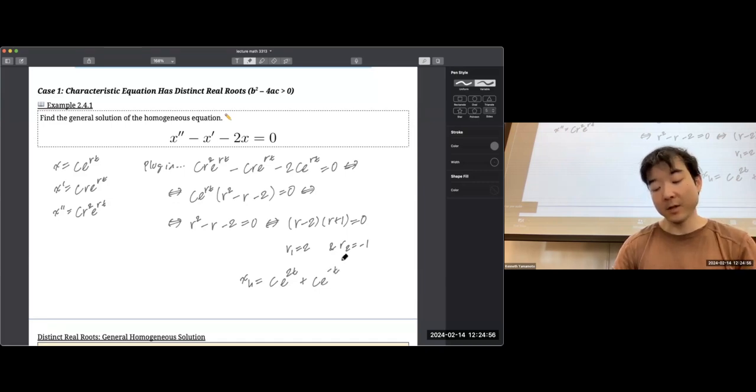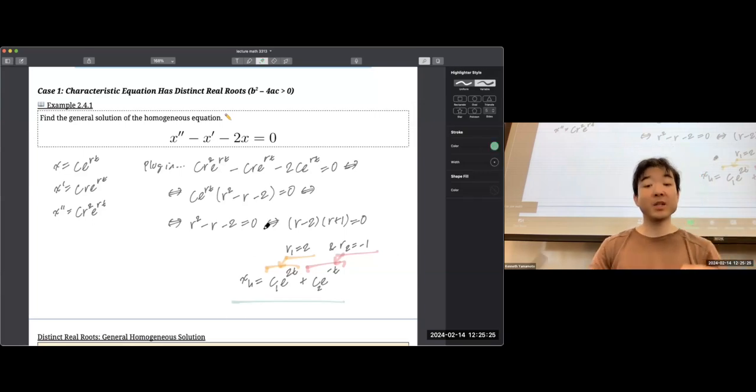And they're just coming from each of these. I'm also going to say that in general, these constants may not be the same. So I'll say this one's C1 and this one's C2. And so the general homogeneous solution ends up being just the sum of the two homogeneous solutions.